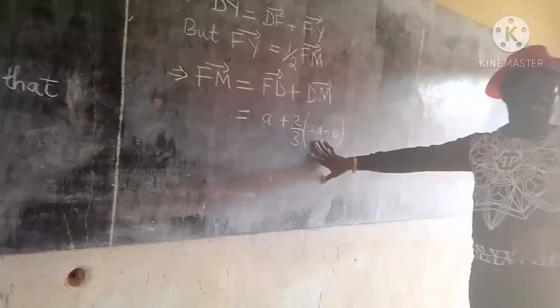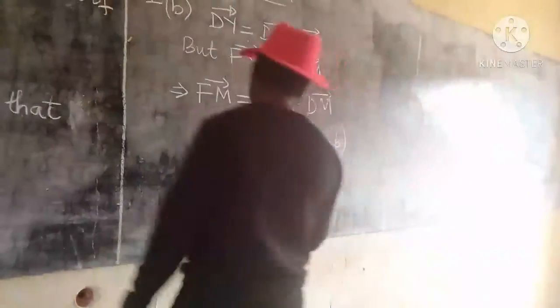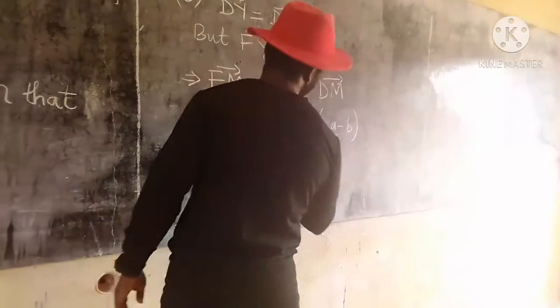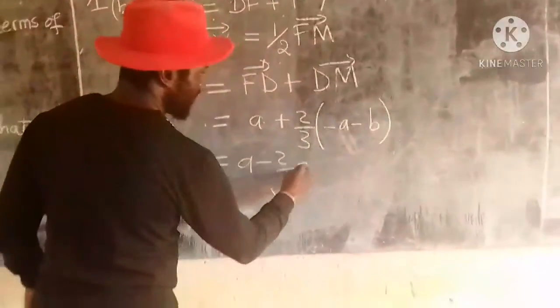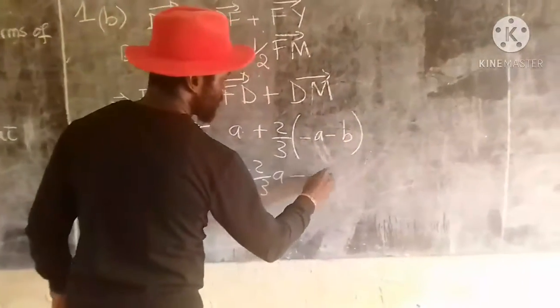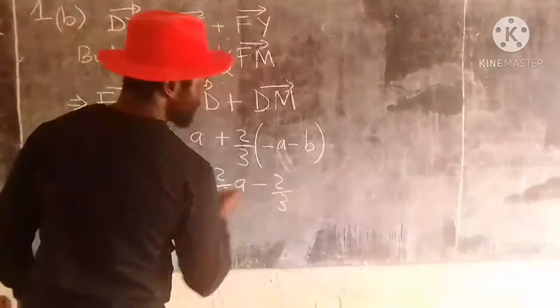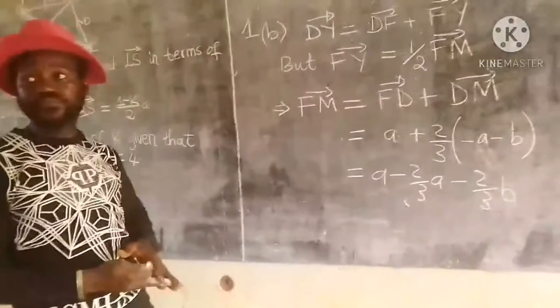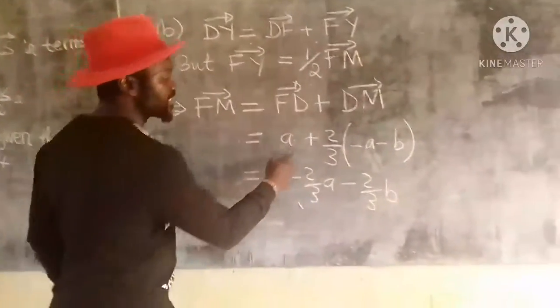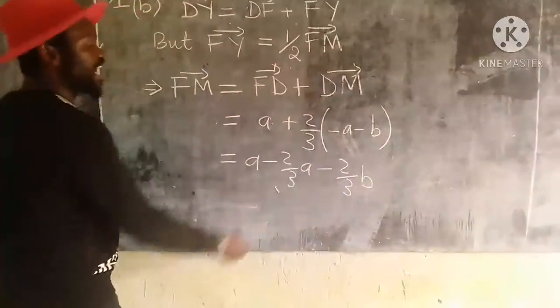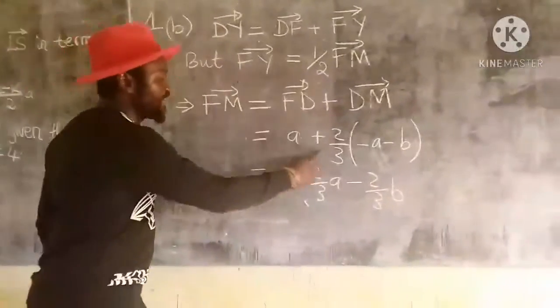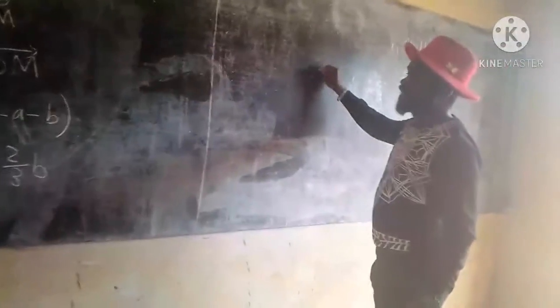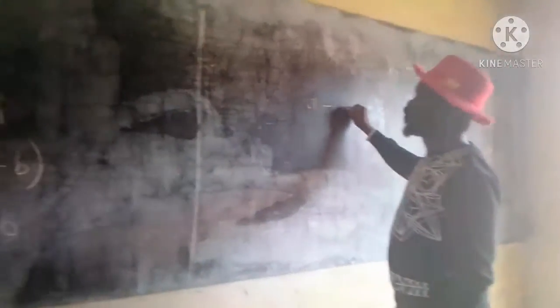Now you can simplify this to see what you have. You're going to have A minus 2 over 3 A minus 2 over 3 B. I'll just open out the brackets. You can as well simplify this part because these are like terms. Let's go back to our primary school method. We are going to have A minus 2 over 3.